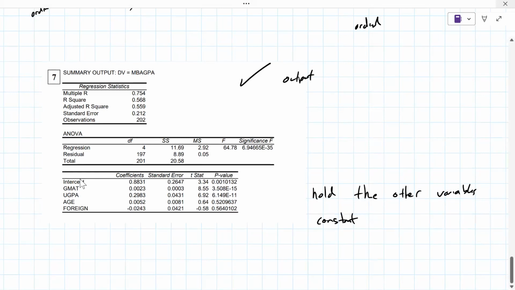When you're trying to decide if GMAT is significant, you hold the other variables constant. When you try to figure out if UGPA is significant, you hold the other variables constant, and so on. So real quick, what do you mean by holding them constant? They don't change. The calculation is built into the software, but you don't allow these variables to change when you're looking at GMAT to determine if it's significant or not. Okay.